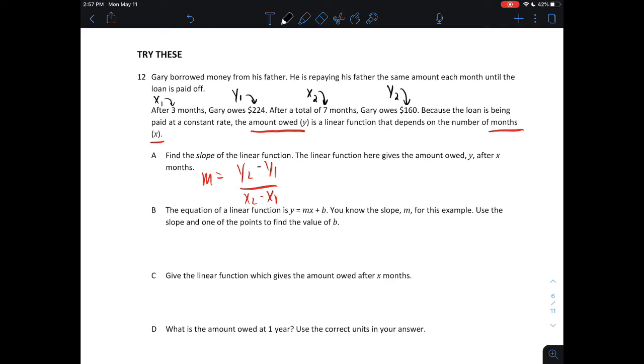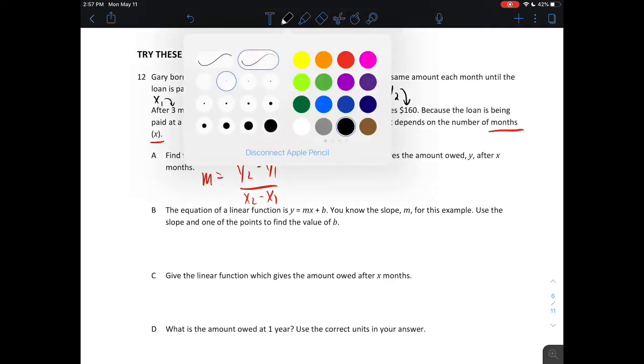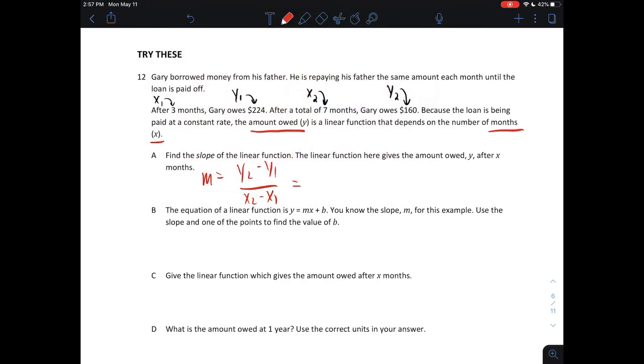Now I have those numbers, so I'm going to put them into my formula. y2 I said was 160. y1 I said was 224. x2 I said was 7. x1 I said was 3. So now I'm going to do my subtraction.